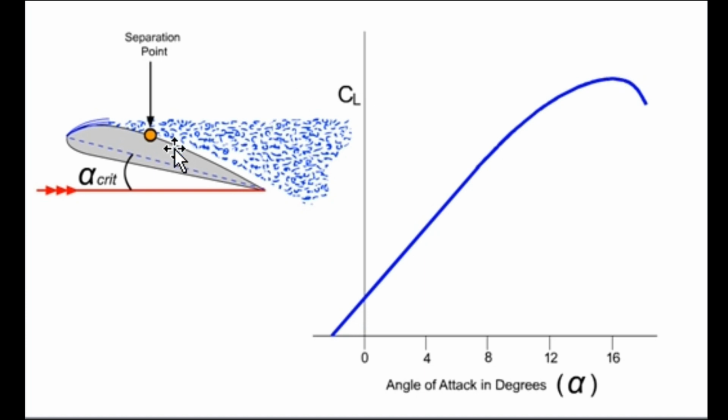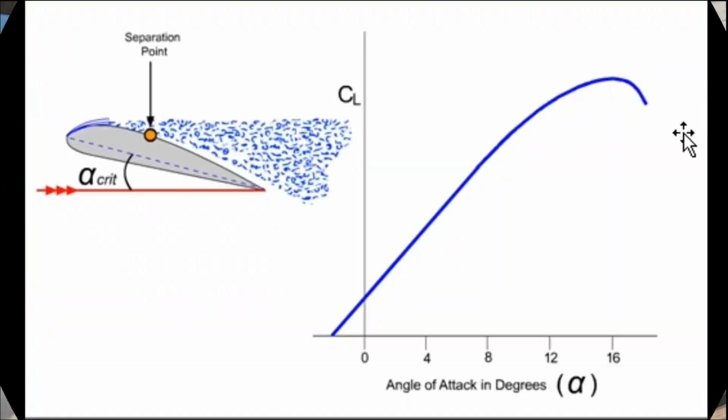At this point, you can see the critical angle of attack. In the previous video, you already understood what angle of attack is. Critical angle of attack is the angle of attack for a given aerofoil or section of wing where you produce the maximum coefficient of lift, and beyond that angle the airplane will simply stop producing any more lift.